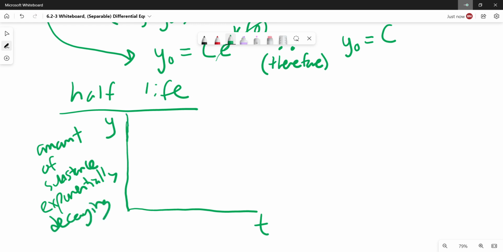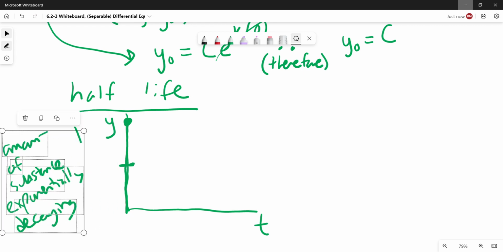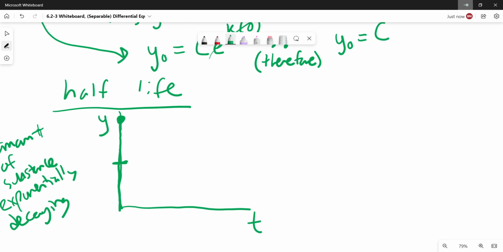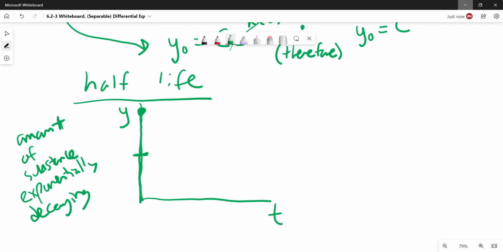Whatever the value starts at, let's say it starts up here, y naught, then half of that initial amount is y naught over 2.